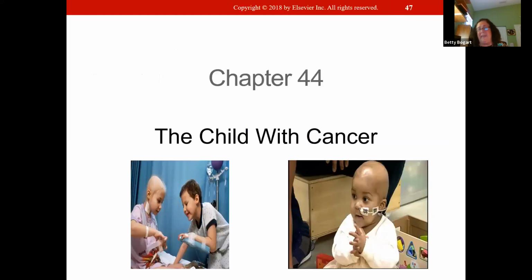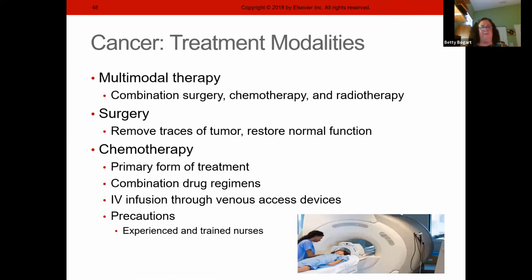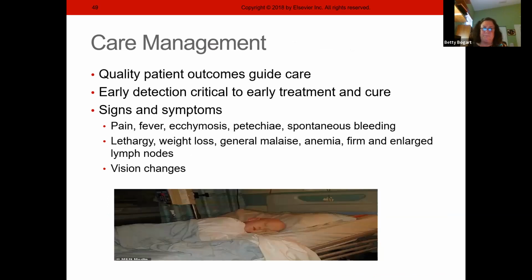So children with cancer, these are different sorts of cancers. And we know cancers can be treated by surgery and chemo, and many of those chemos, as I said, are going to be given through venous access or a port, and nurses are trained to do this and specialized in it.